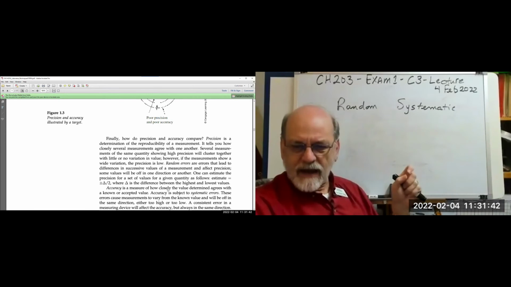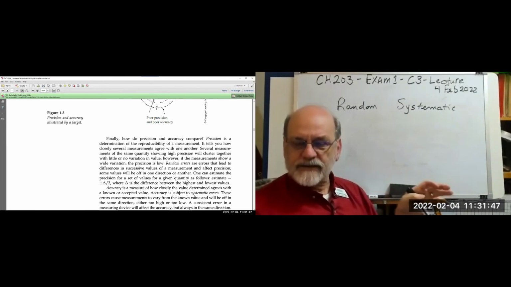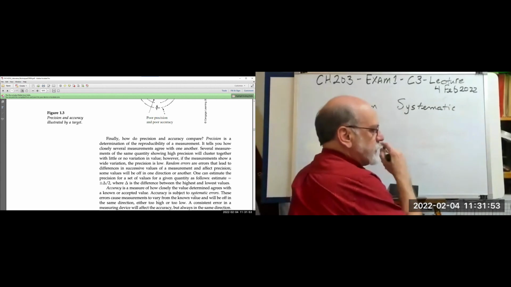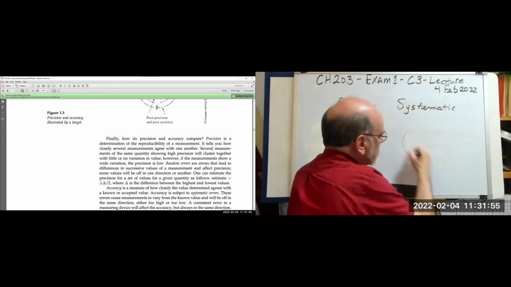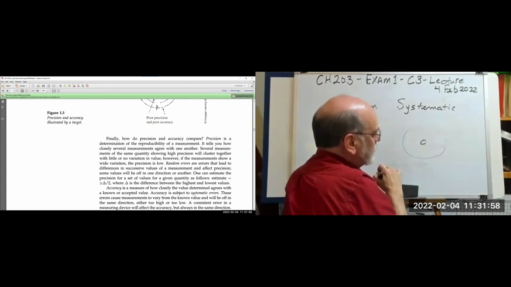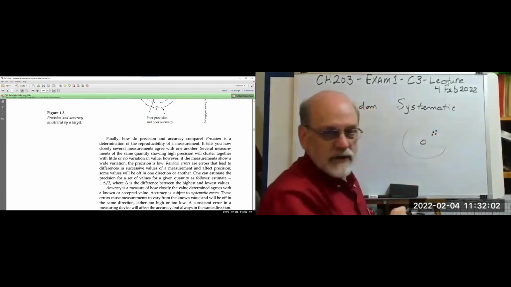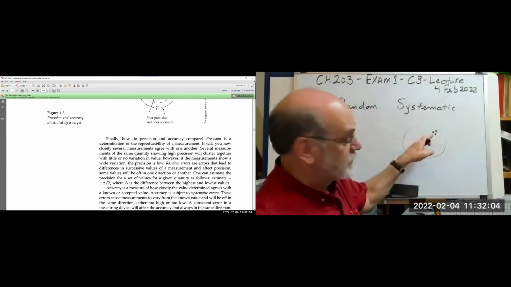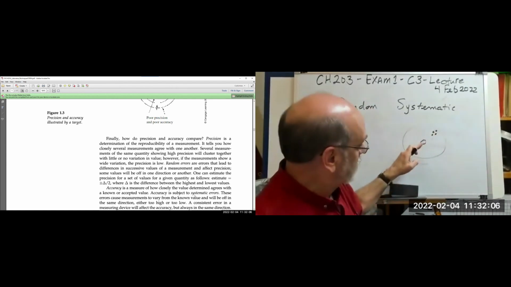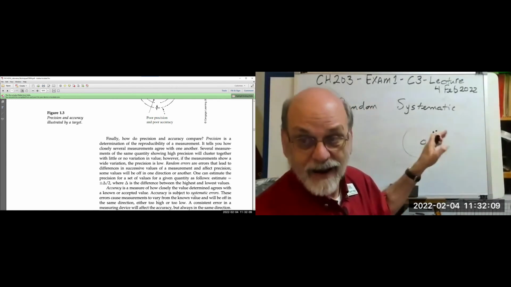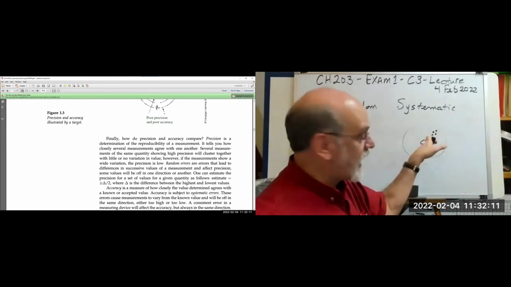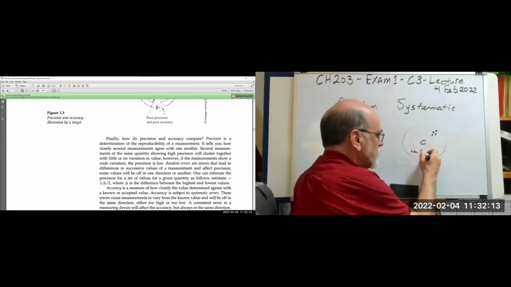But systematic error affects the accuracy of your measurement. In other words, a systematic error would be like if you're aiming at the bullseye and your error is in the same direction and generally the same area. It's the same error every time. It affects the accuracy of your measurement.